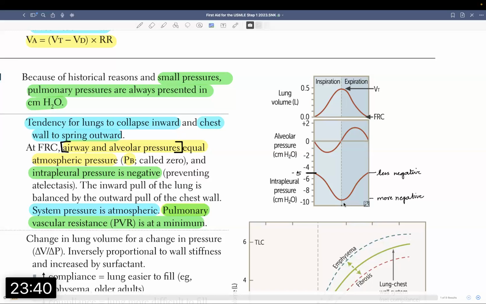Don't use the mathematics sense here, that would confuse you. More negative, more inflation of the lung, better breathing. That's how I see it.